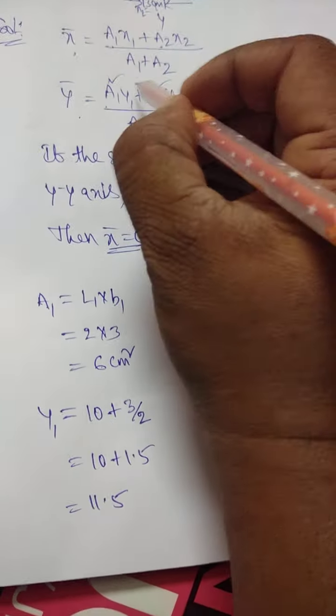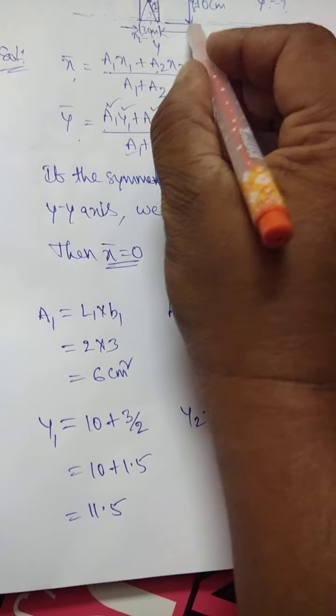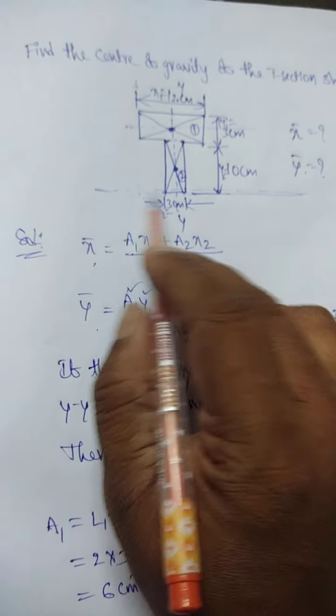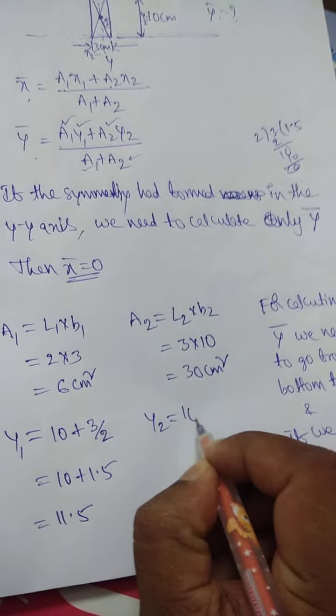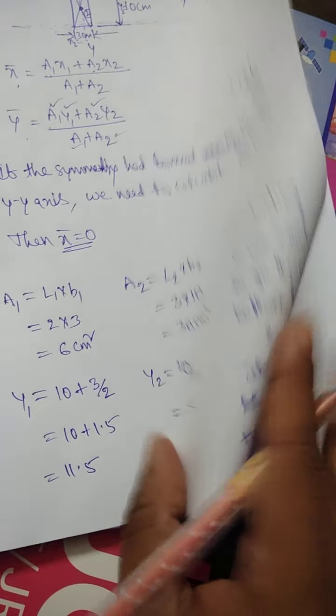Now we are calculating y2. From the bottom, y2 is equal to 10 by 2 is equal to 5.